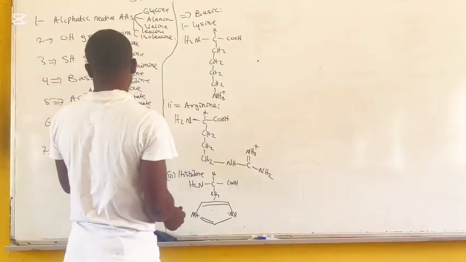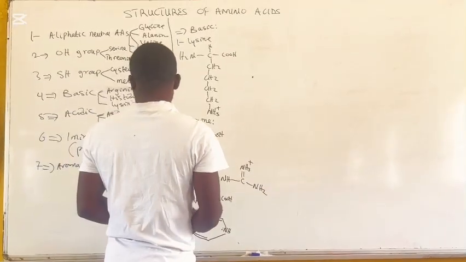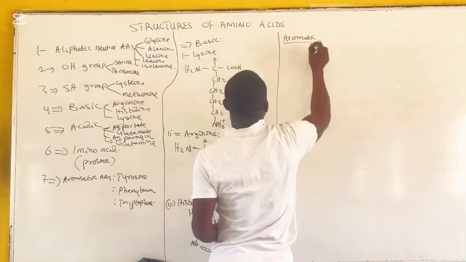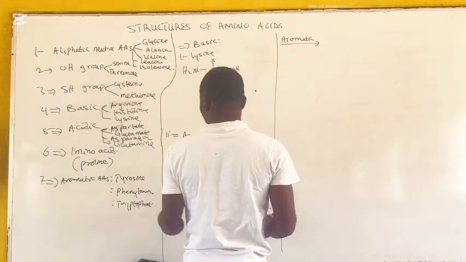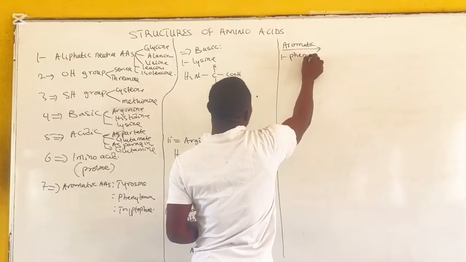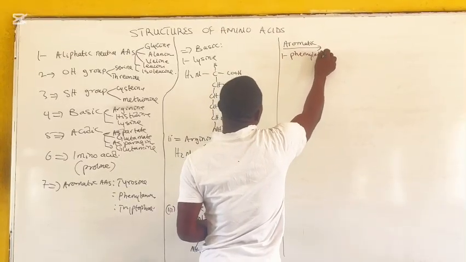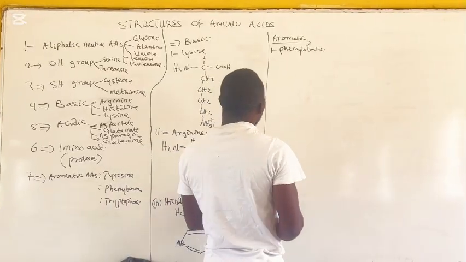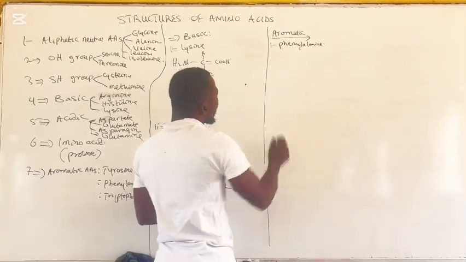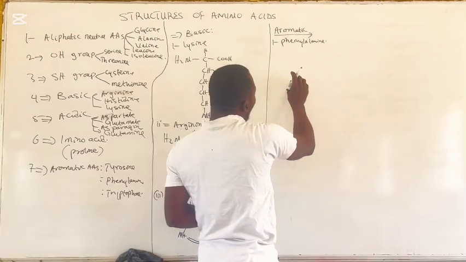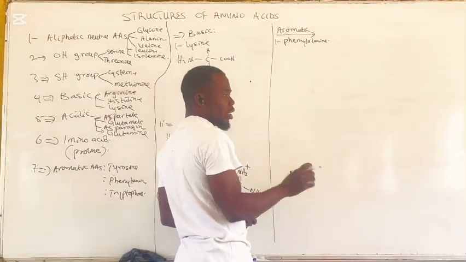The next group is aromatic amino acids. The first one here is phenylalanine. The structure of phenylalanine is similar to that of alanine, just that alanine has CH3, a methyl group.